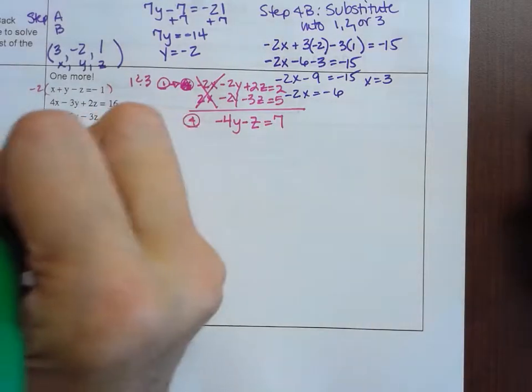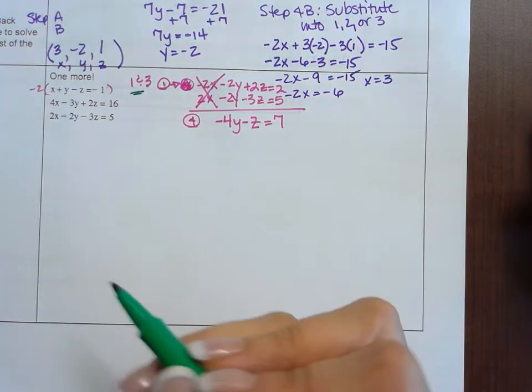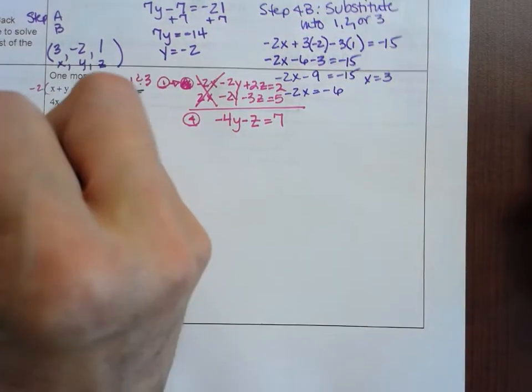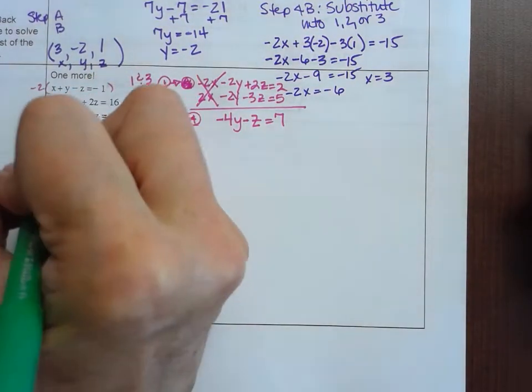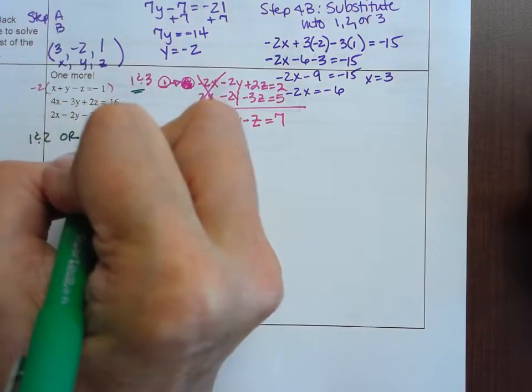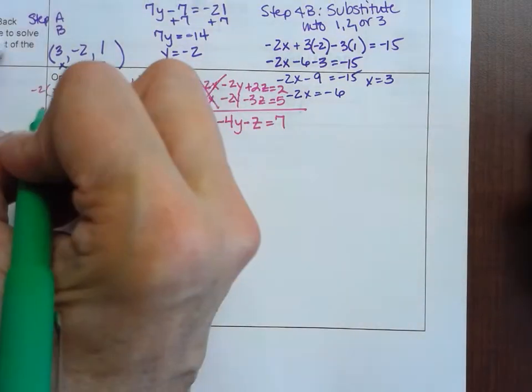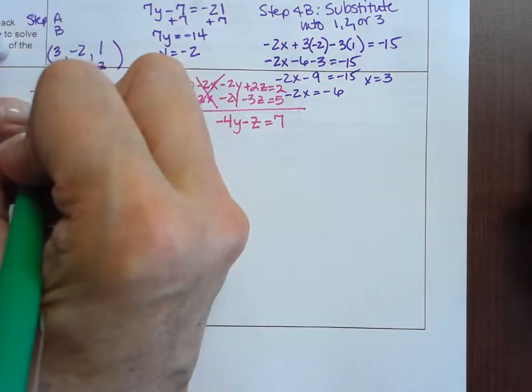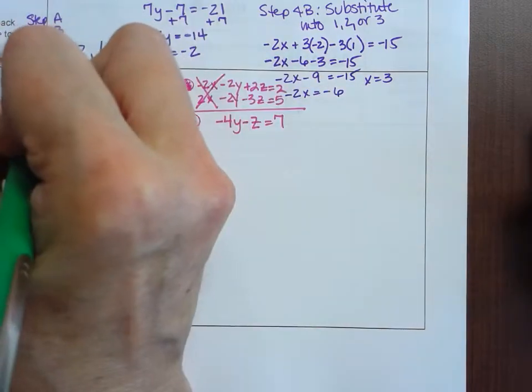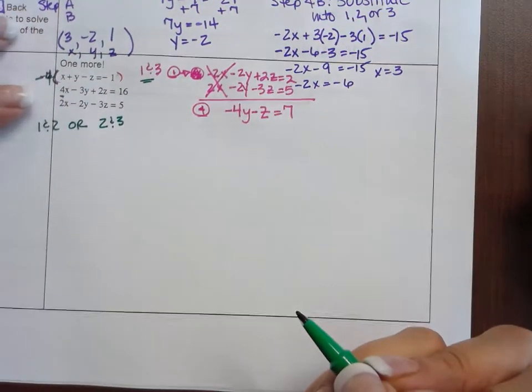Okay, step 2. I used 1 and 3 last time, so now I either have to use 1 and 2 or 2 and 3. What do you want to use? 1 and 2? Okay. So this time, since x is 4 and I've got to get rid of my x, I'm going to multiply by negative 4.